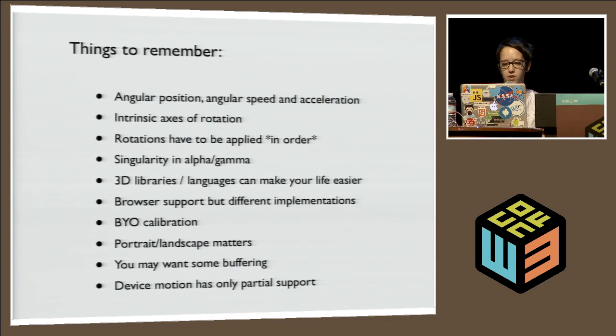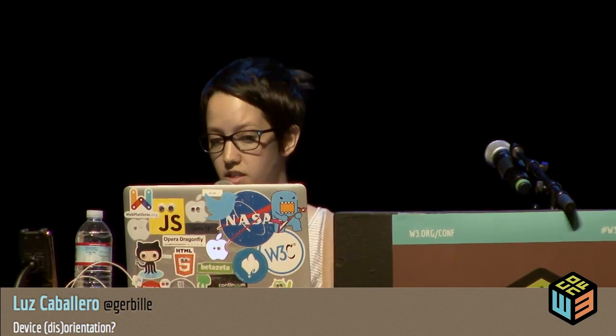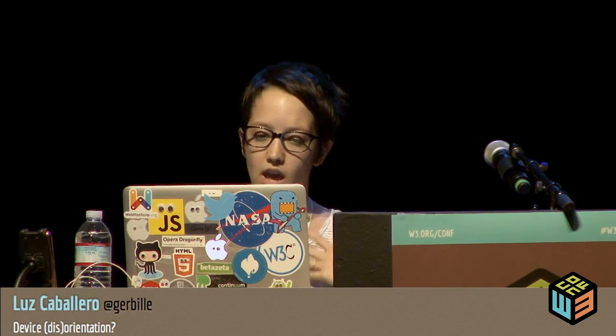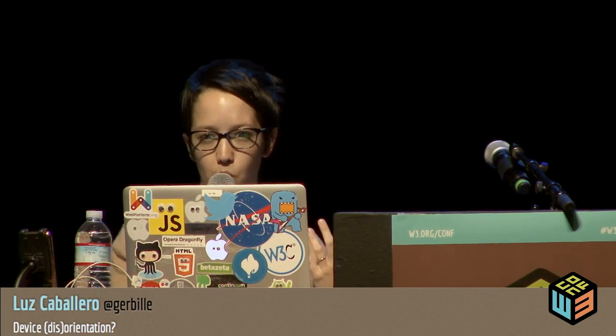But 3D libraries or languages involved in any type of 3D development can make your life a lot easier, like we saw in my code. Browser support is good, at least for the device orientation event, but implementations are very different, and you need your own calibration for it. Portrait and landscape matters, and you may want some buffering. And finally, device motion has only partial support.